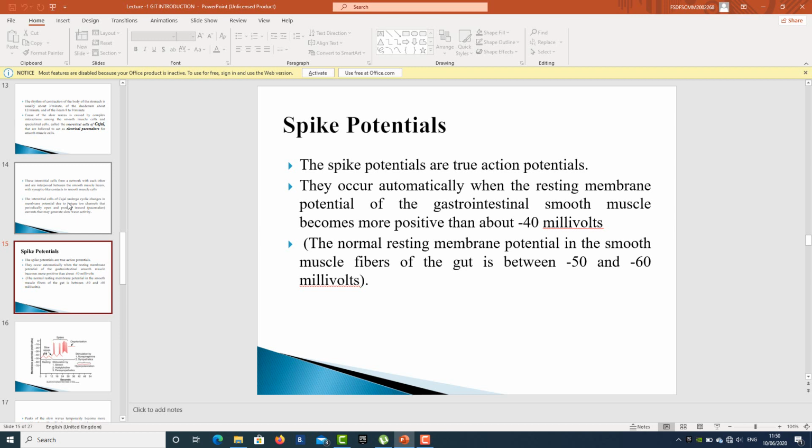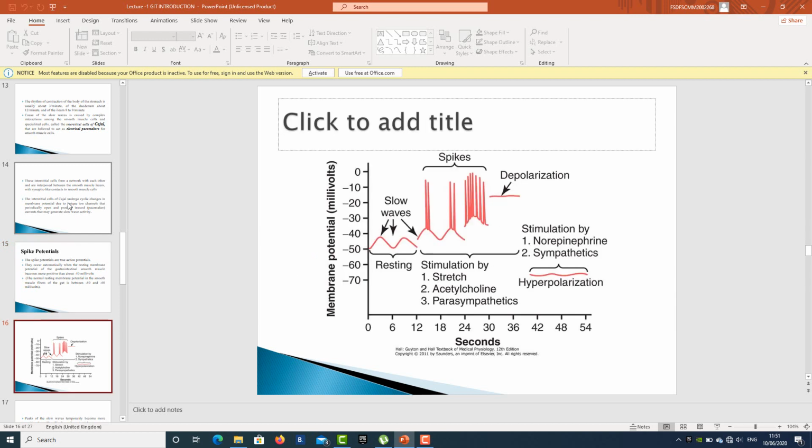So there is just 10 millivolts. The muscles have to go towards positivity to reach the threshold level for automatic potential development. See how it occurs. Minus 50 to minus 60 millivolts is the resting membrane potential, and minus 40 millivolts is the threshold, and then the depolarization is going to take place automatically.